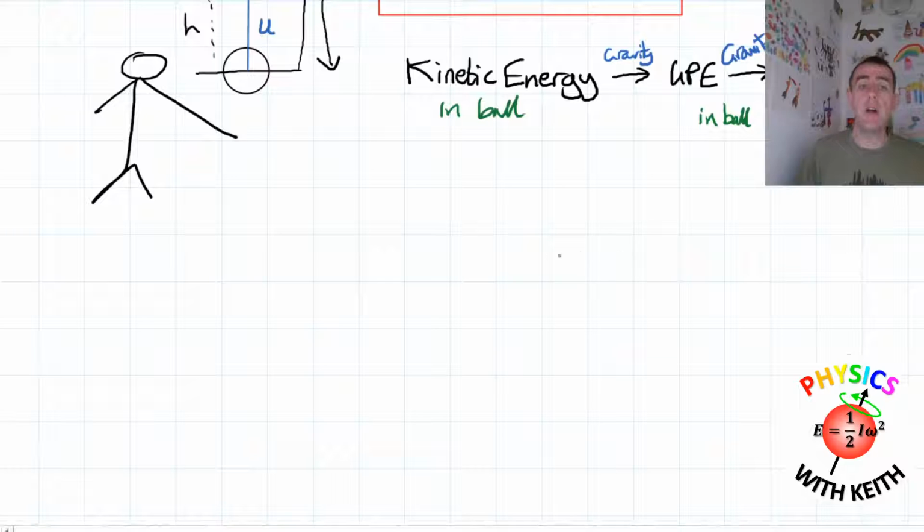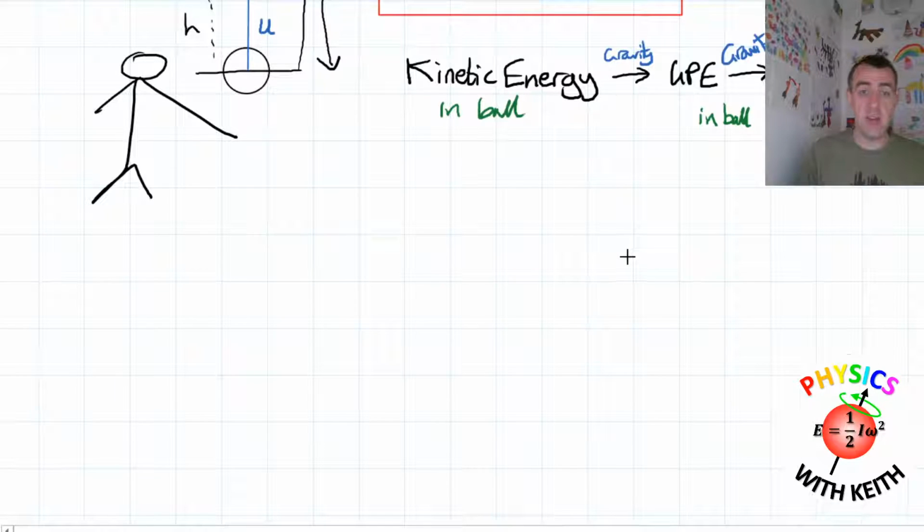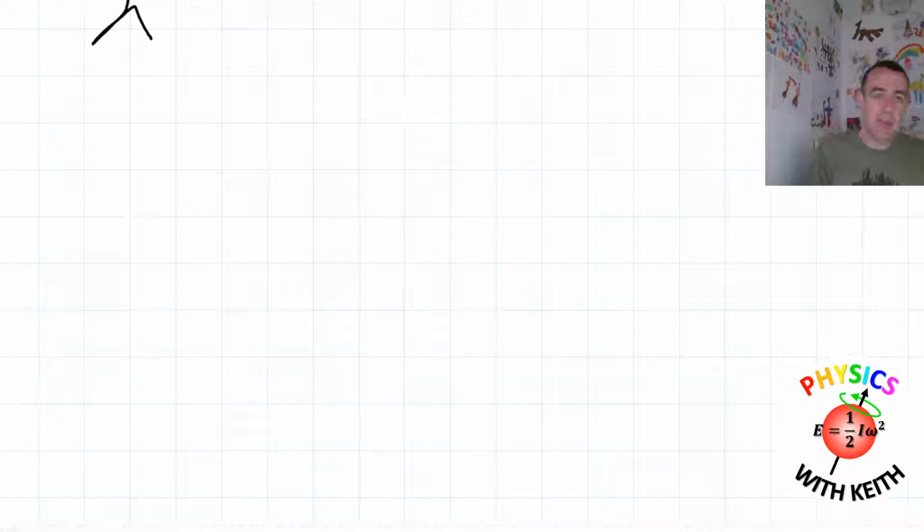If you are younger, you're not yet doing GCSE, it's worth paying attention because this is often taught in Key Stage 3 anyway, because it's good physics to know. And also, you never know what's going to happen in the future, and all of a sudden your school might choose to do IGCSE. So it's worth paying attention anyway.